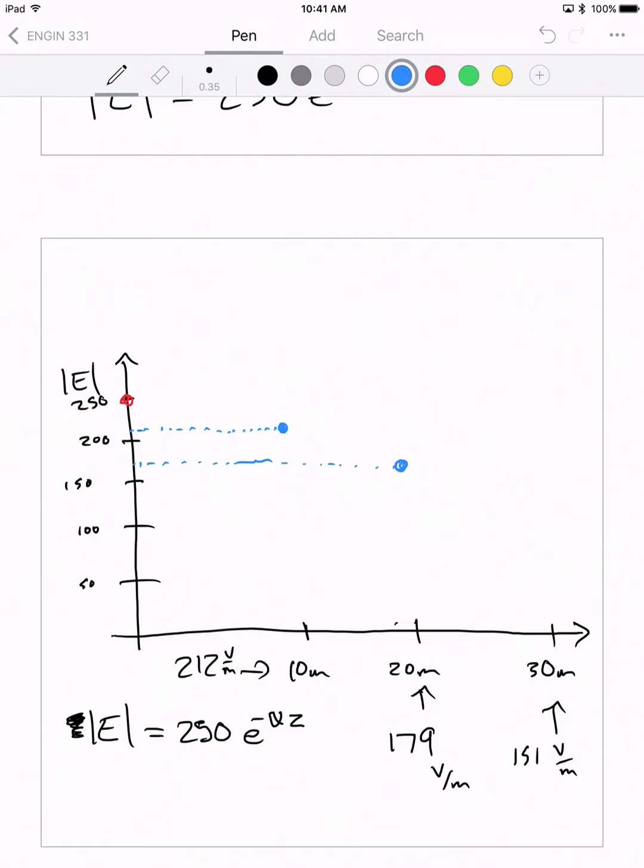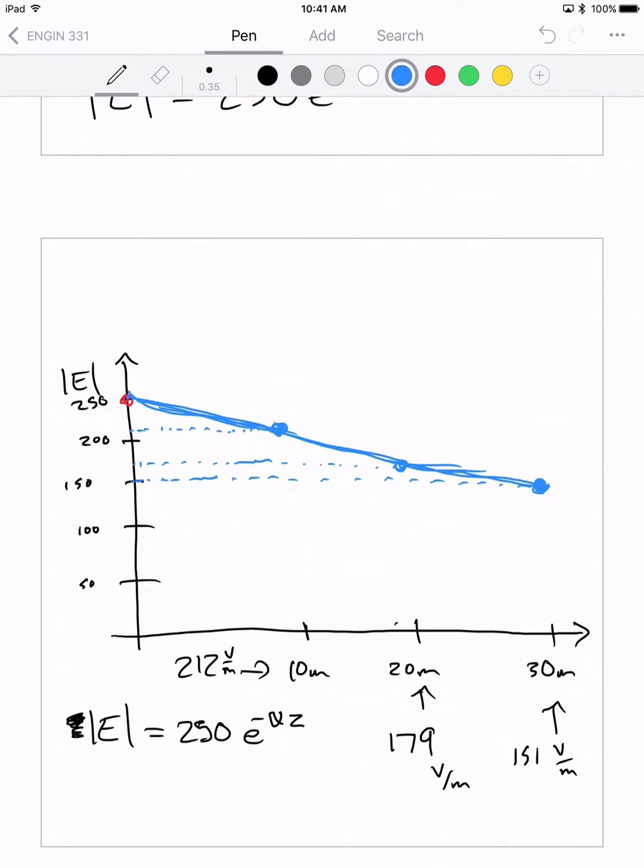And at 30 meters, we're at 151, so right about 150. And then in the end, our graph looks like this. This is a very slow decline, but it is actually an exponential curve. It just looks straight because the variation is so slow with distance.